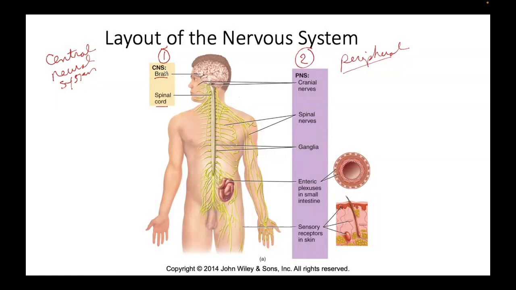What makes up the CNS? The brain and the spinal cord, nothing else, no nerves. When we talk about the peripheral neural system, it's everything in the periphery, everything that radiates or comes off of the brain and the spinal cord. So the brain is central nervous system, but the nerves that come off of the brain are referred to as cranial nerves.